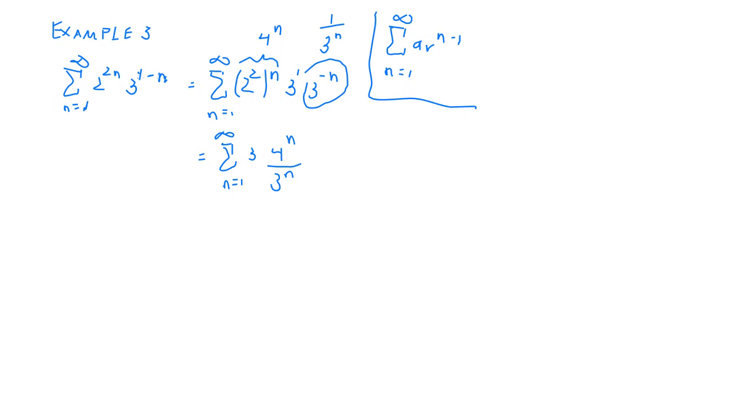Okay. Are there any questions so far? 4 to the nth power times 3 to the negative nth power is 4 over 3 to the nth power.